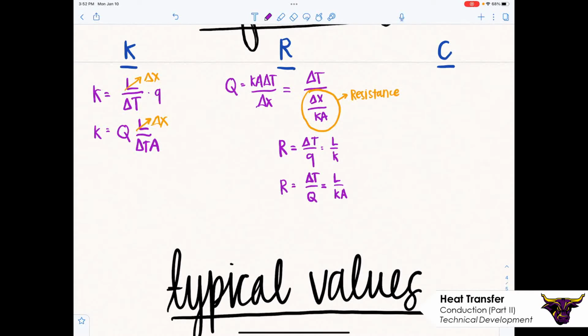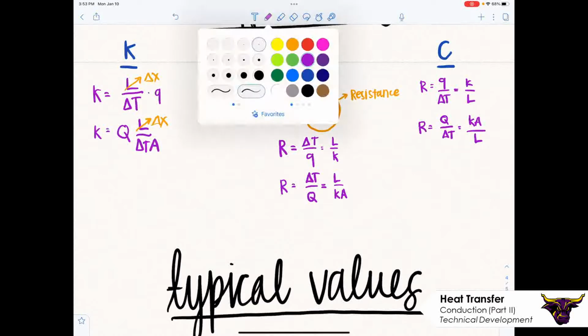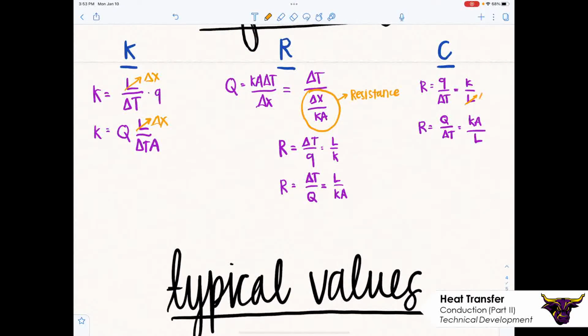So if we think about conductance, that's just going to be exactly the opposite. So we can think of this as C is equal to little q over delta T equals K over L, or C is equal to big Q over delta T is equal to Ka over L. And again, I started using that L again, so it could be delta X here as well for L. Okay, so remember that big Q is overall heat transfer.